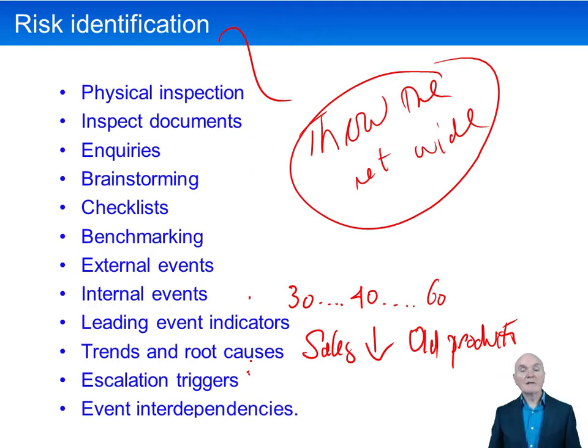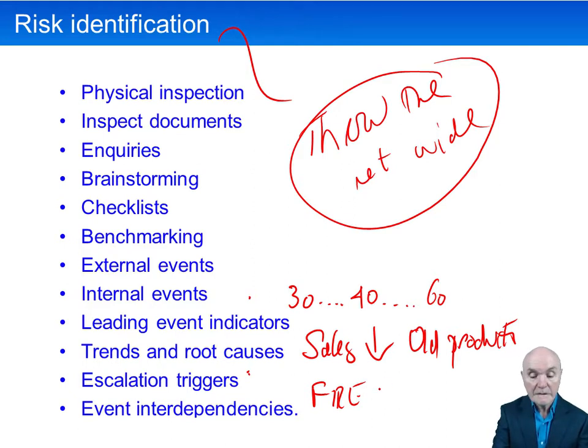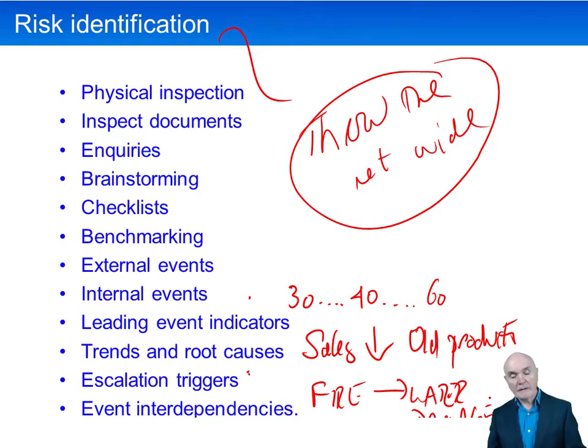And then event interdependencies. An example of an event interdependency: if there is a risk, say, of fire, then there is going to be a risk of water damage. So we might have our computer system in the basement locked away pretty safe.